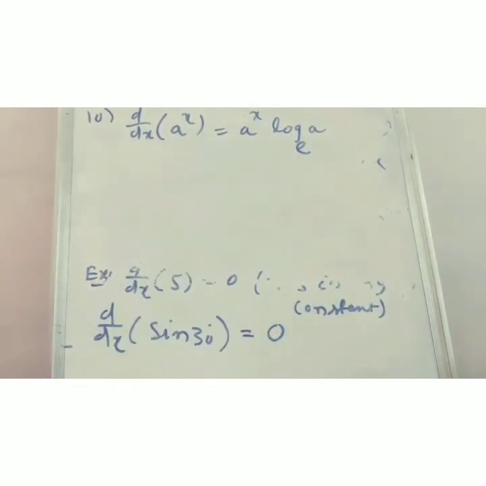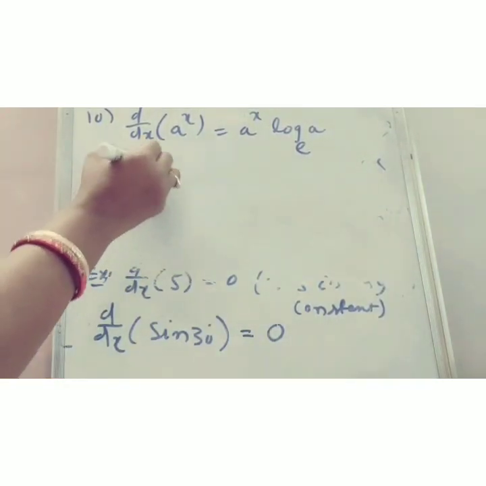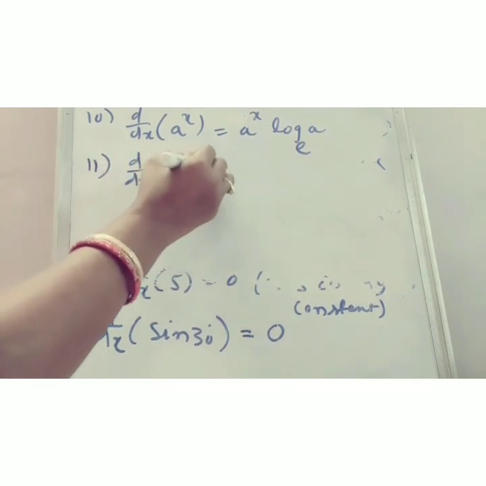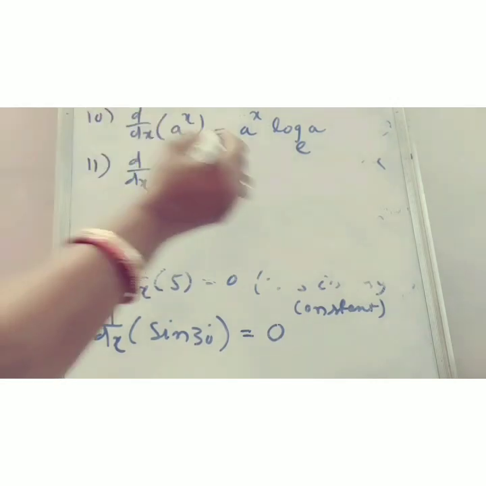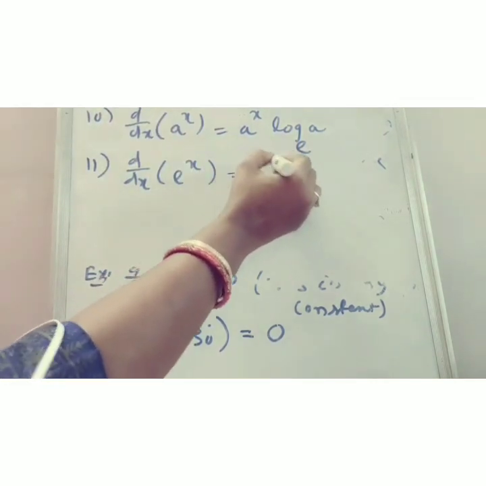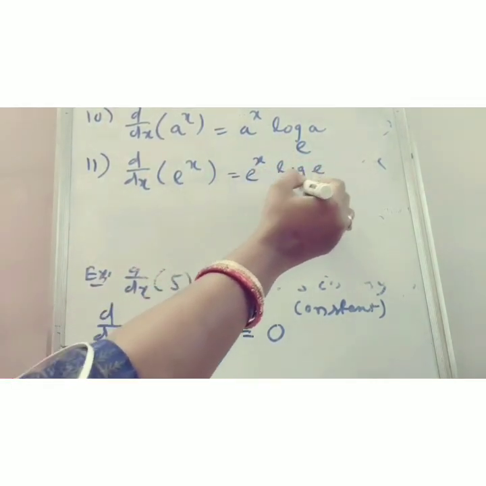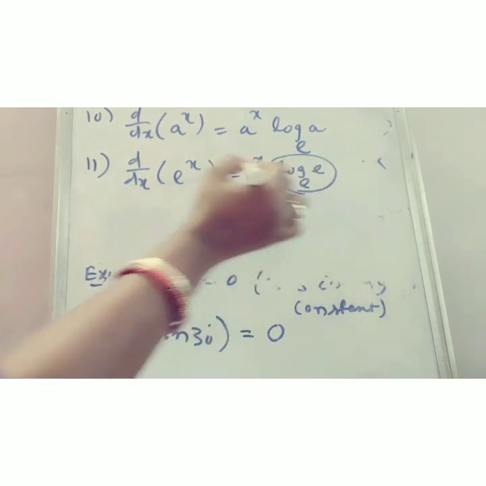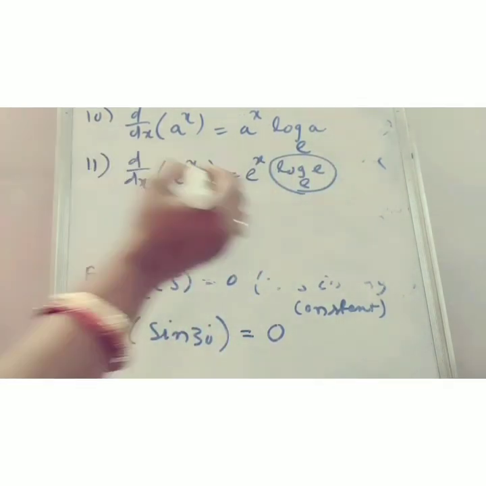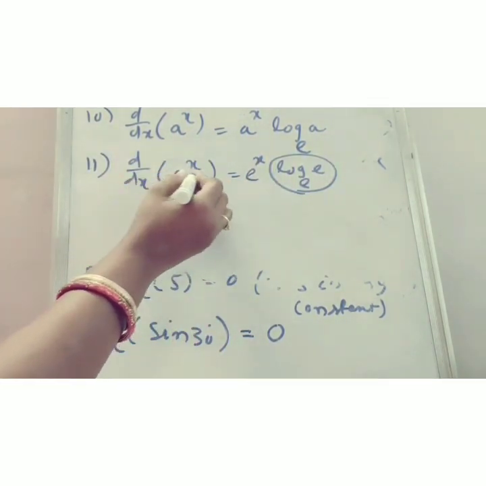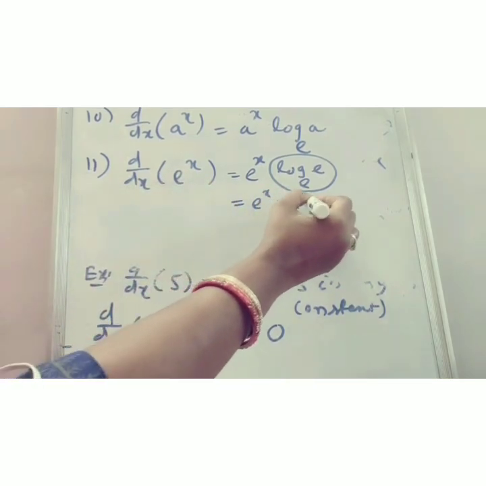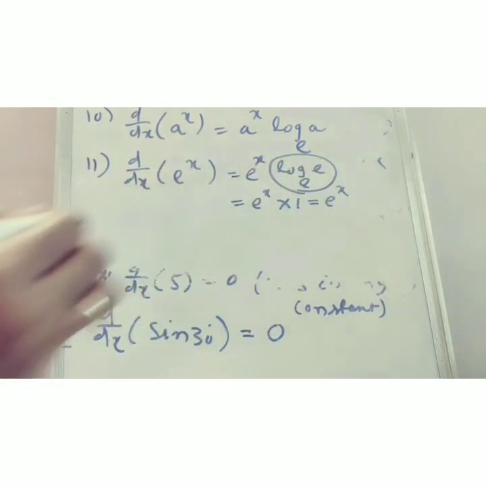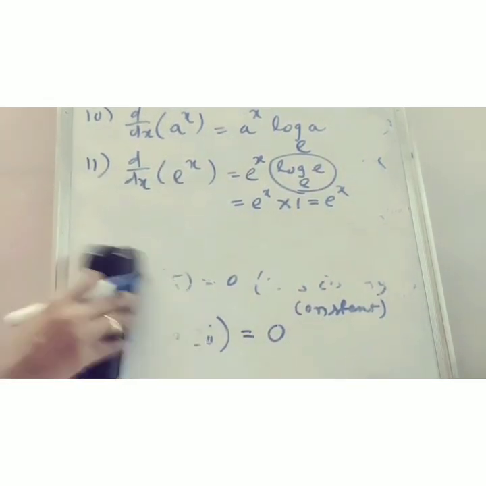Now, what is d by dx of e to the power x? Here in place of a, we write e. So that is equal to e to the power x into log e base e, and log e base e is 1. That is why the derivative of e to the power x with respect to x is e to the power x into 1, which is equal to e to the power x. These are the important formulas.